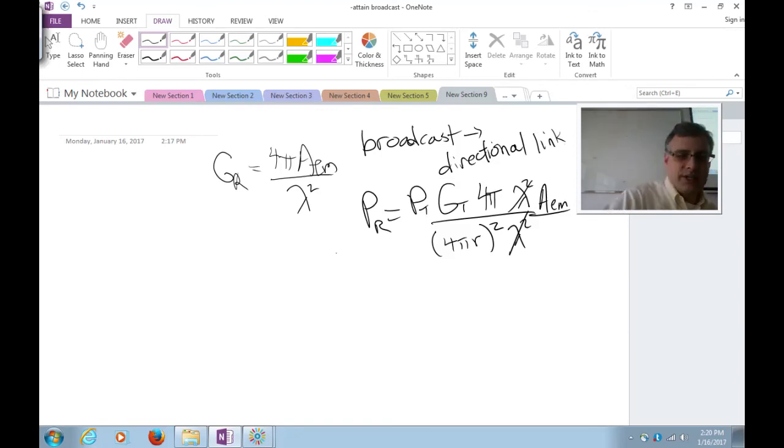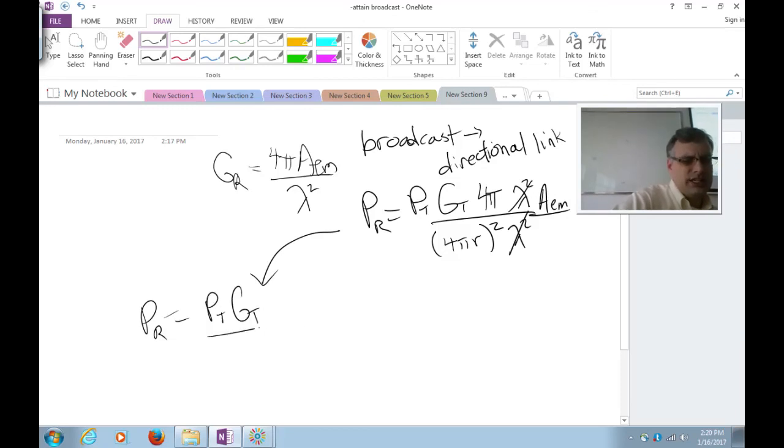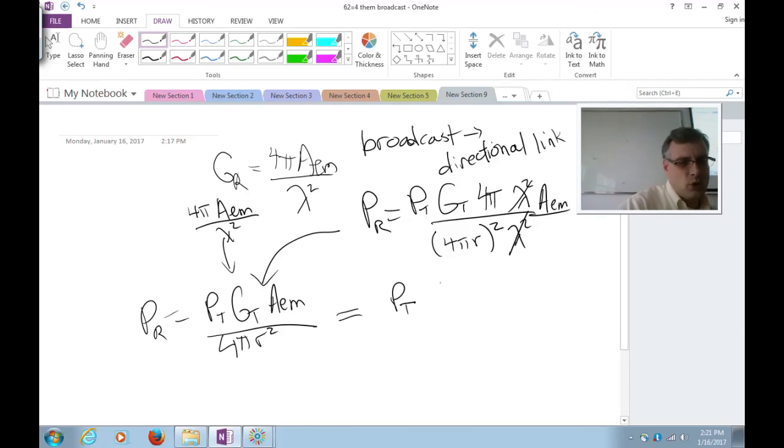So what I'm going to do is take this equation that I got here. Let me clean it up for you. PT GT over 4 pi r squared AEM. Now let me take the effective aperture of my transmit antenna. It's not going to be electrically small anymore.